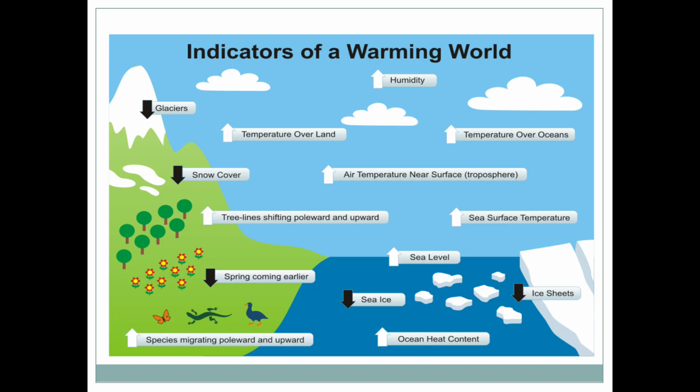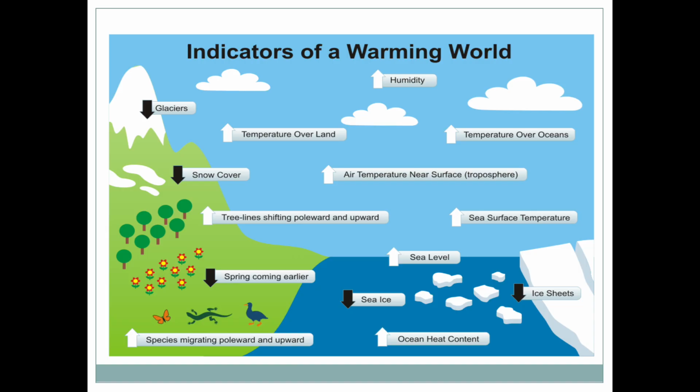These are some of the indicators of increasing temperatures, along with glaciers, decreasing snow cover, spring coming earlier, and sea ice as well as ice sheets.